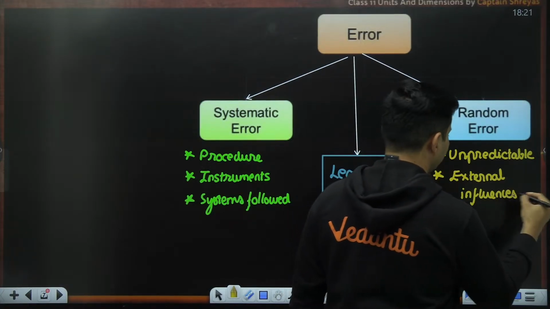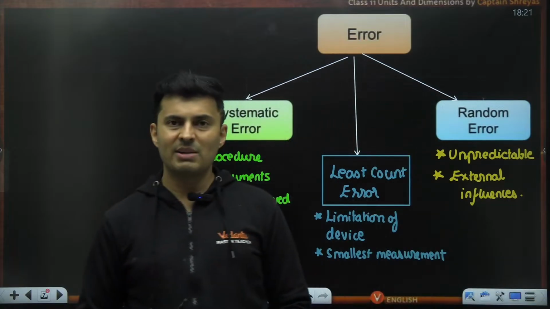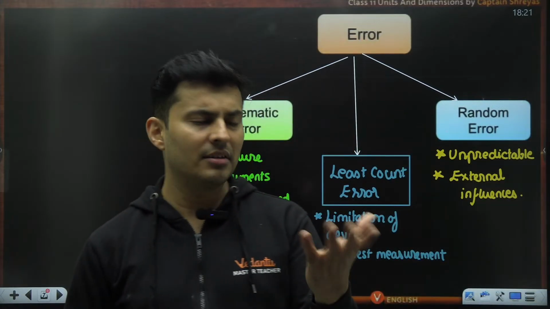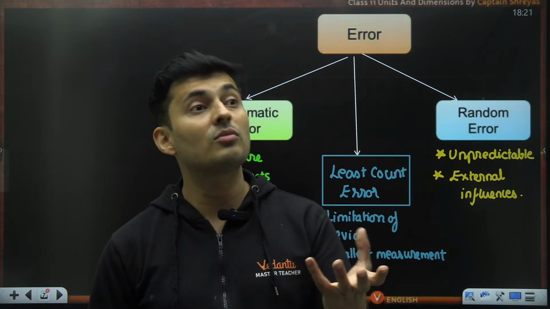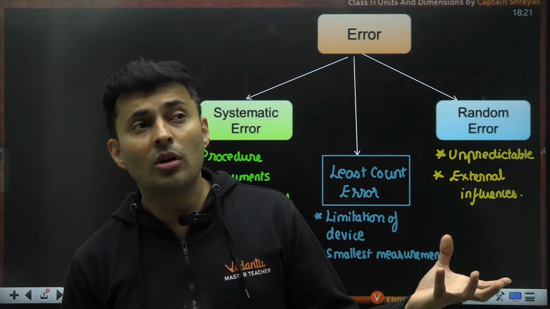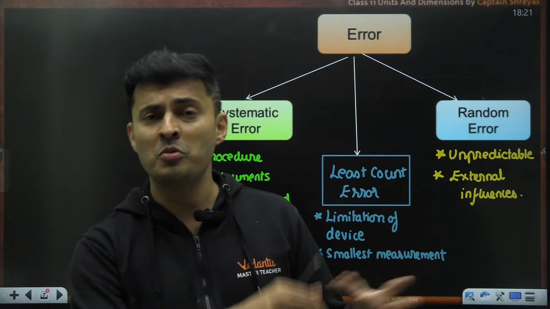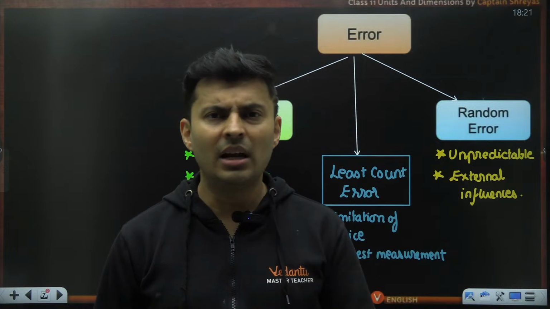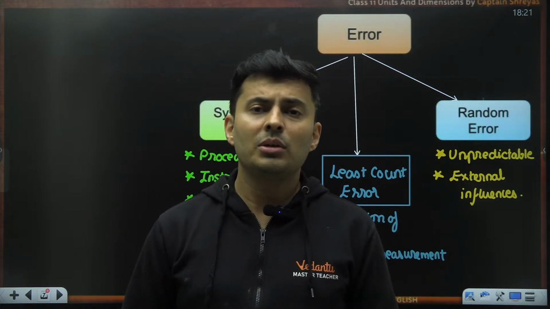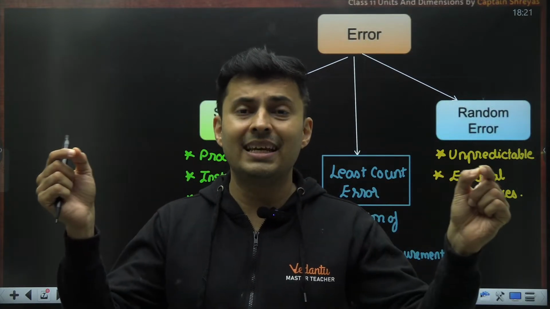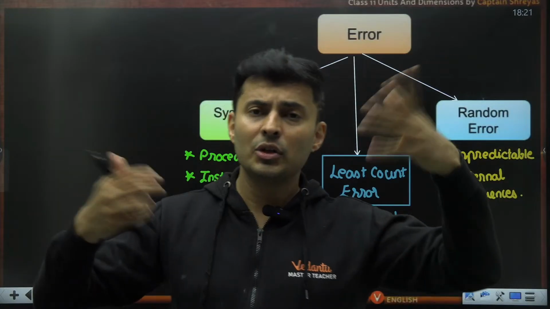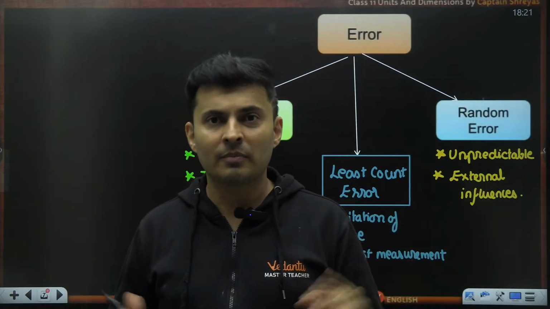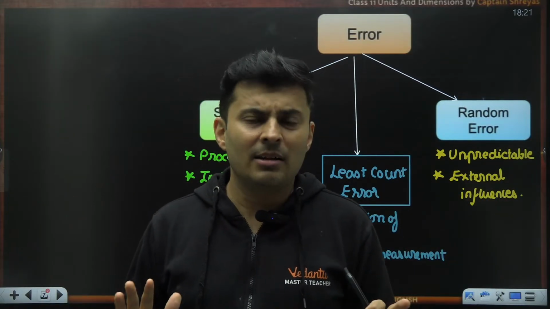For example, you are measuring how much mass is there in this pan, but suddenly your friend was walking outside, so you did not look properly and you wrote some other reading. Random error. Okay, suddenly today was hot, so the scale expanded. Because the scale expanded, you took a different reading. Gone. So completely random, guys.